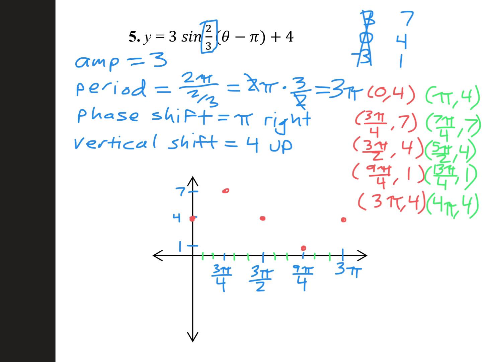All right, so our first coordinate is going to be at pi, comma 4, which is right here. So the first red dot we had on the left is going over there. All right, the first top level point we had, that is going over here.